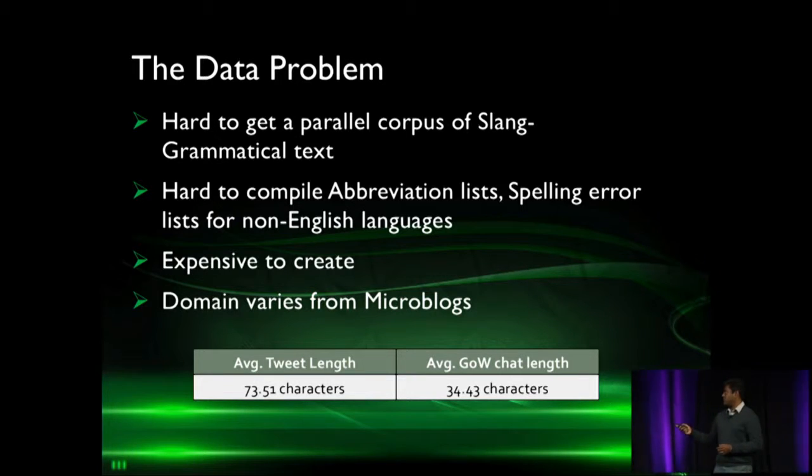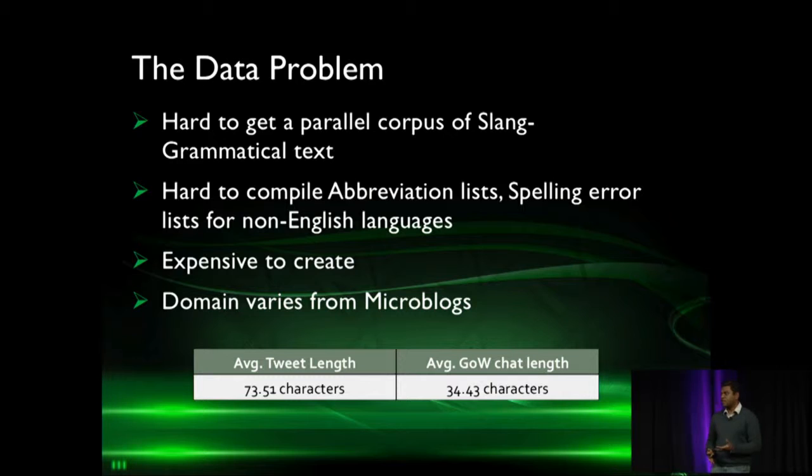So we needed to create a lot of abbreviation lists, spelling error lists, and a lot of contextual grammatical information lists. And also, there are some data sets that have been developed using Twitter data, but the domain for this data, which is gaming, significantly varies from Twitter.